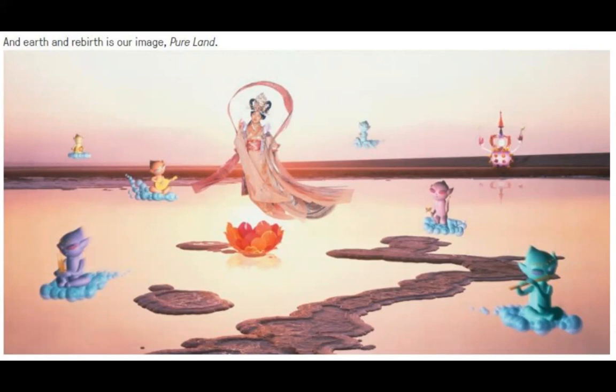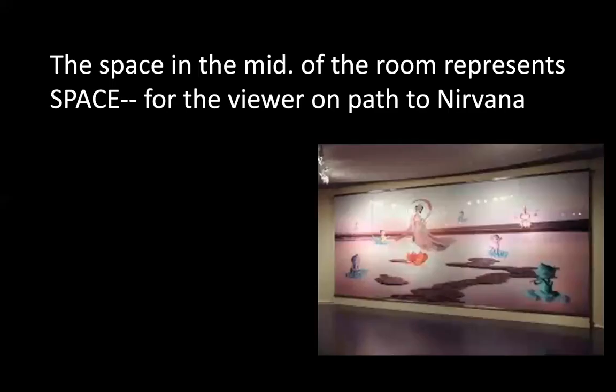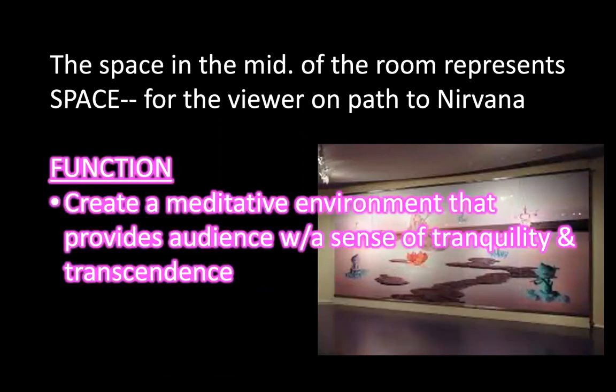Also, you can think of the biblical story of the Great Flood, right? All right, then there's also the space that's in the middle of the room. You as the viewer need this space, it's important on your path to nirvana. You're trying to reach nirvana. That is the goal of Buddhism.